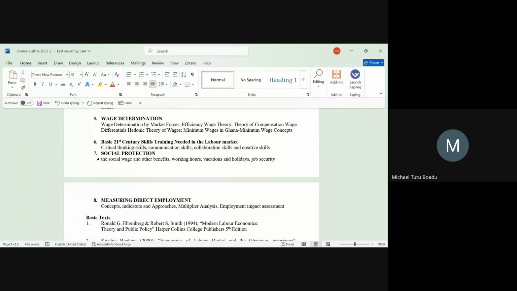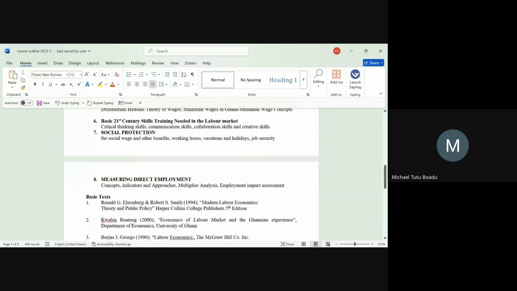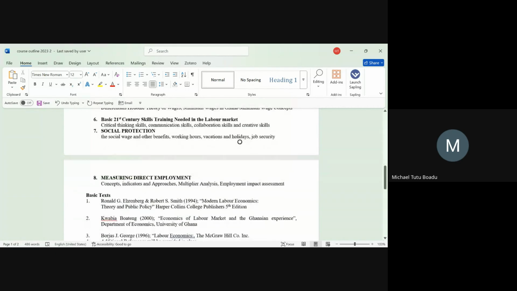How you are being paid, how you receive benefits, the number of hours you have to work, holidays that you have to go, what you call the annual leave and those ones. Then job securities, insurance, and those things that protect you at the workplace.